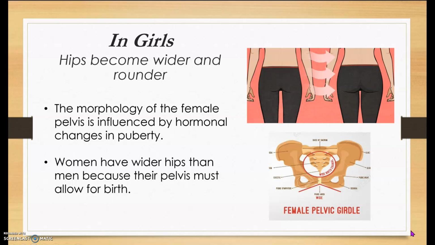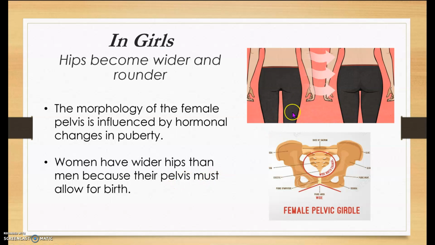Okay, next one. In girls, hips become wider and rounder. Everybody repeat after me. Hips become wider and rounder. Very good. So the morphology of the female pelvis is influenced by hormonal changes in puberty. Okay, women have wider hips than men because their pelvis must allow for birth.